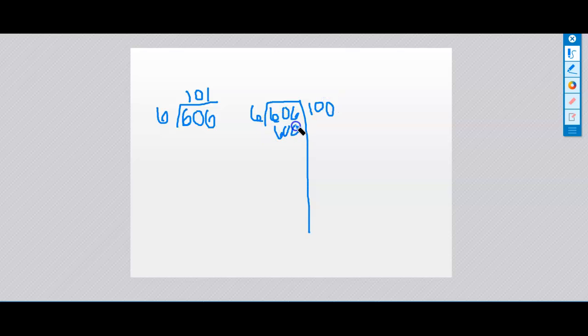If I split this up, I would have $6 left, and 6 can go into 6 one time. So if I add these two numbers up, I would have 101. I should have finished this one. I got excited. There we go. I'd have 101 as my answer for the dollars there.